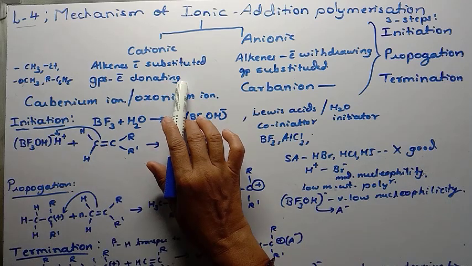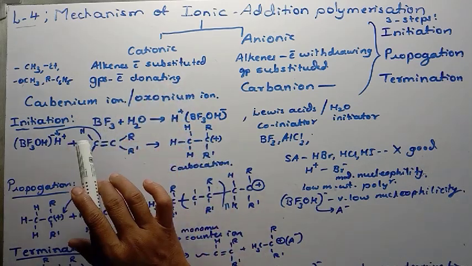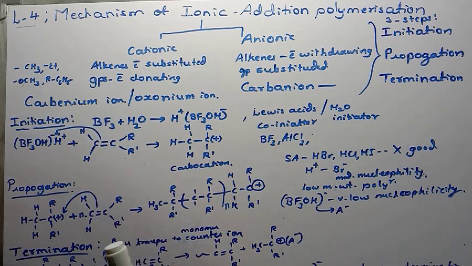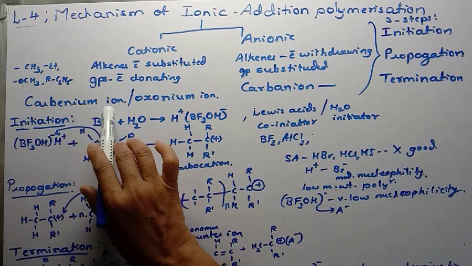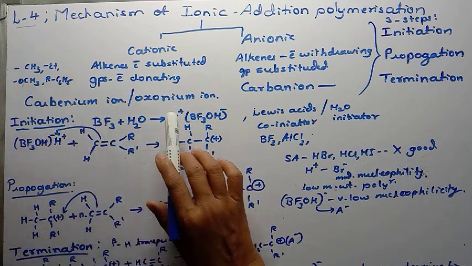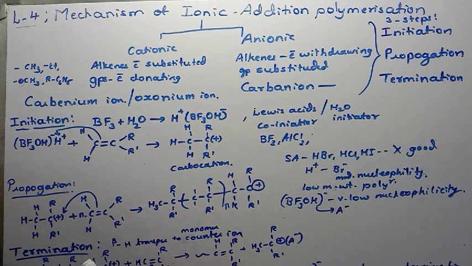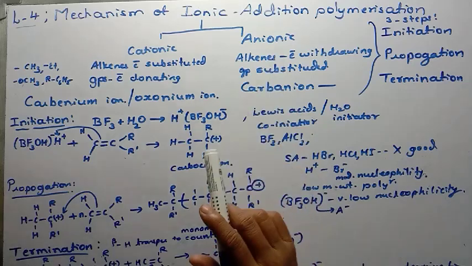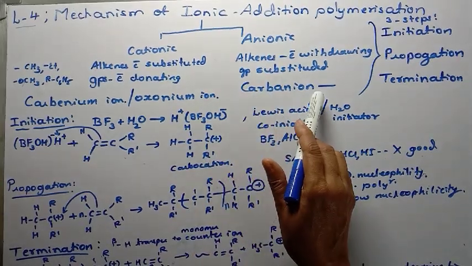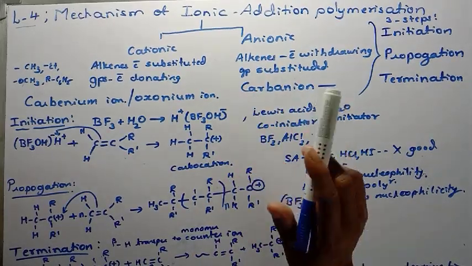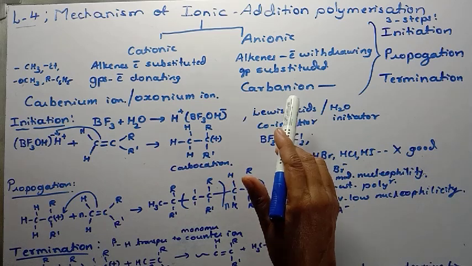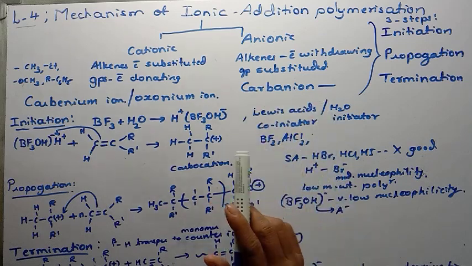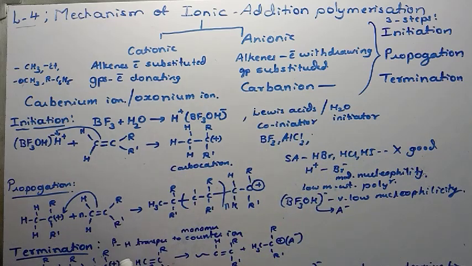In cationic polymerization, the active species first formed with the monomer is the carbonium ion, also known as the oxonium ion. In anionic polymerization, the carbanion, a negatively charged species, is the active species which carries on the propagation, the lengthening of the chain by successive addition of monomers.